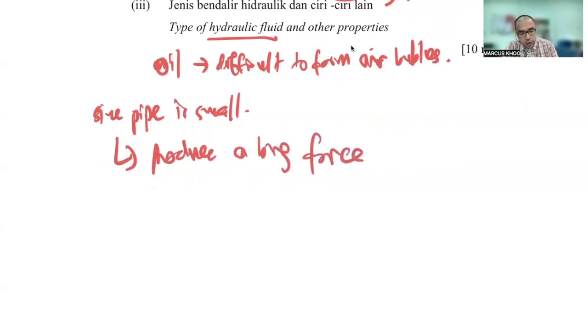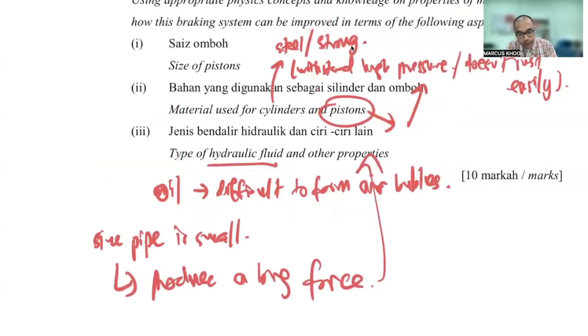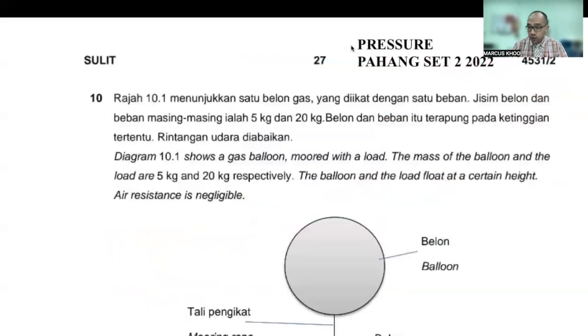I'm not really sure whether this comes under other properties of the hydraulic fluid or other properties of the entire system. I think it's the other properties of the hydraulic fluid. But in case you have space and you can still write some more, you might as well write about the pipe itself. So it's a very similar question to the one that we were talking about just now.